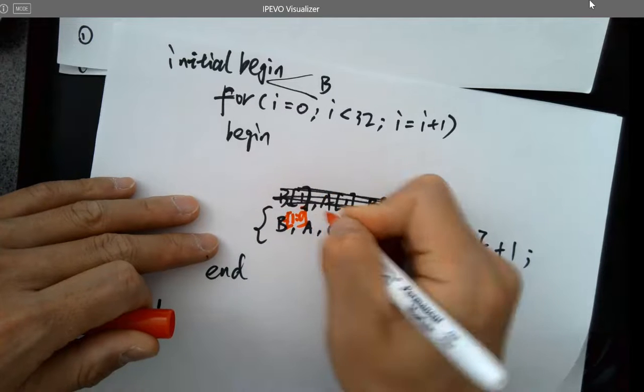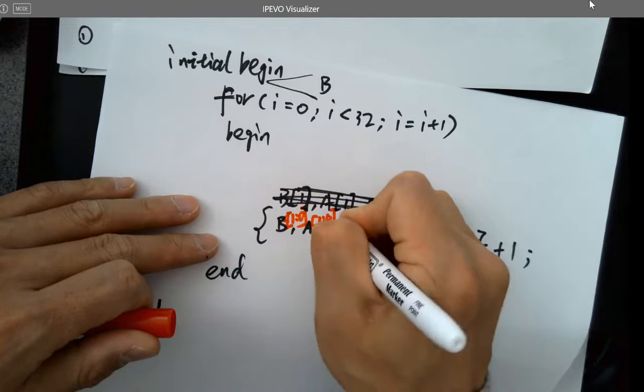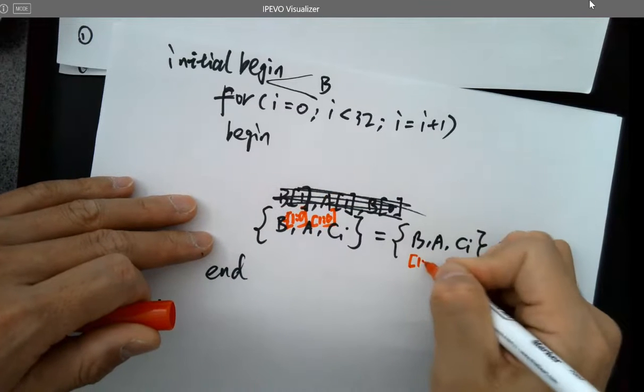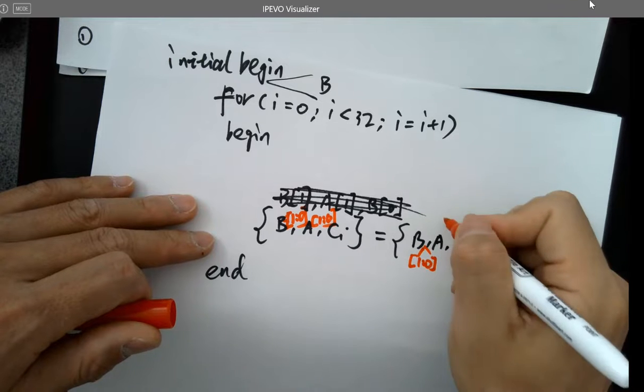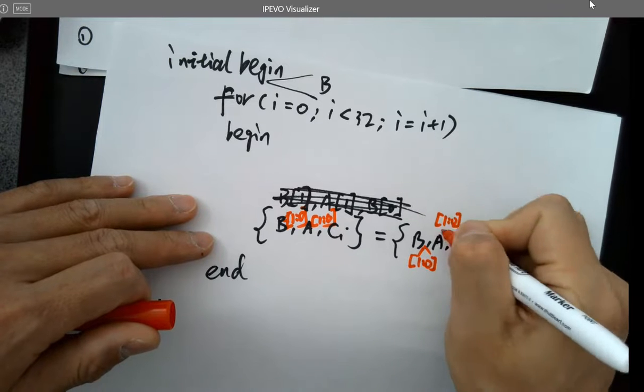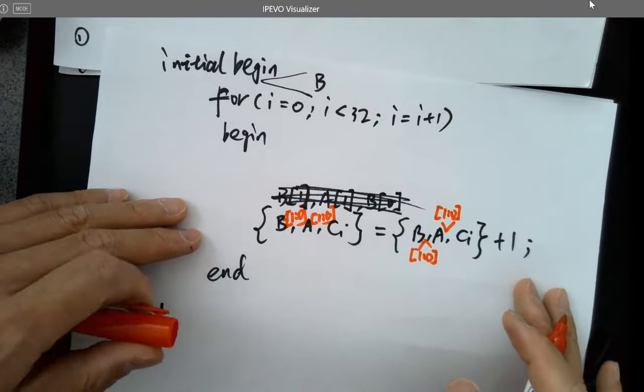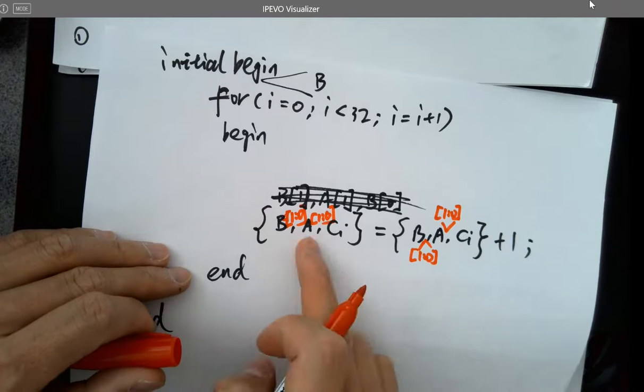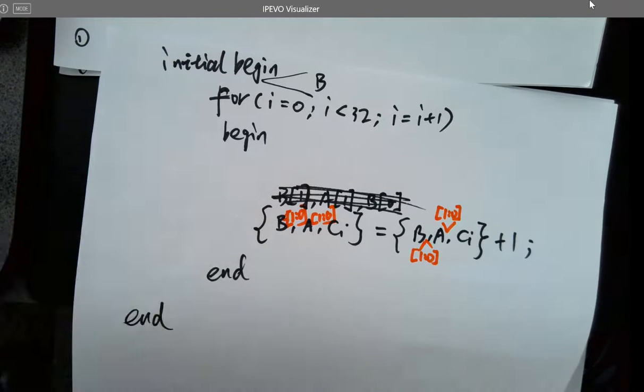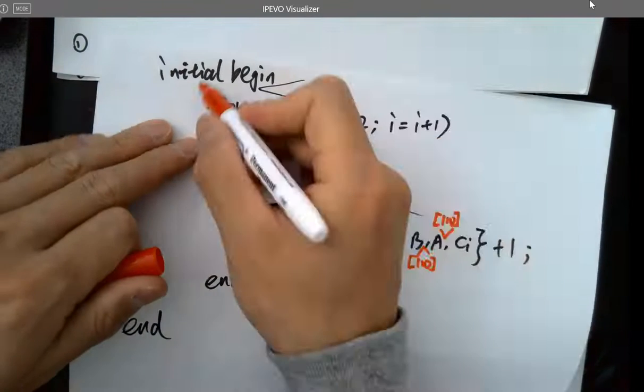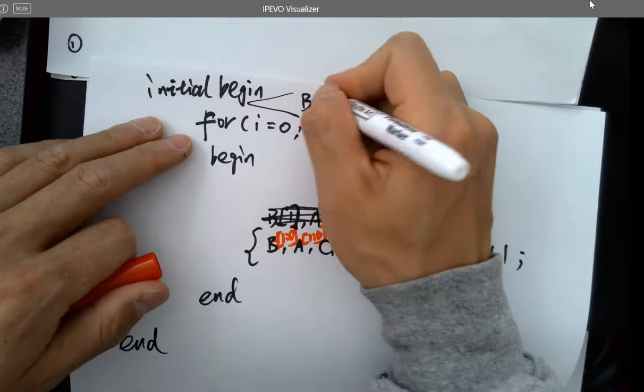So it's 1, 0. Five bits, 2 bits here, 2 bits here, 1 bit here. And initial begin, you can assign initial values to it.